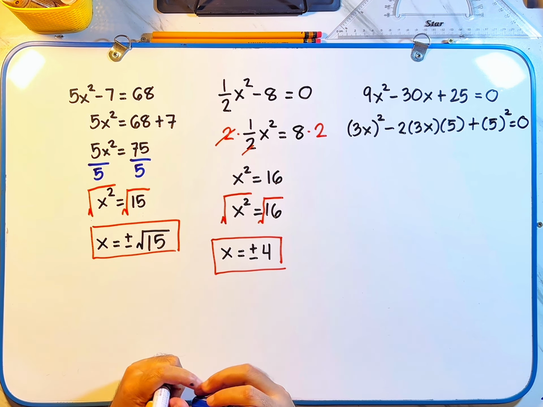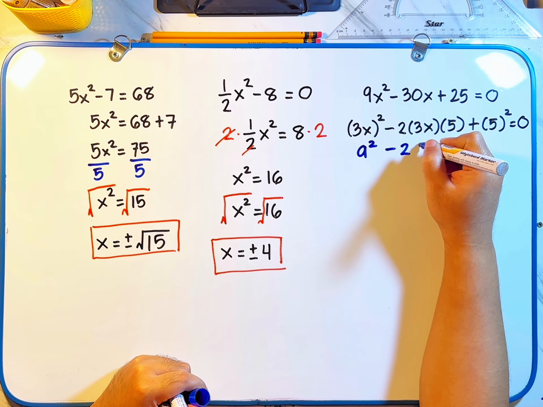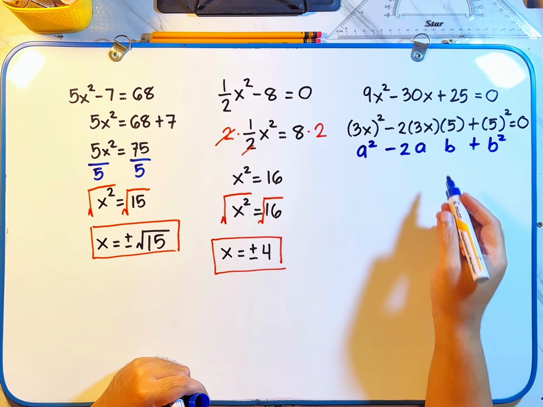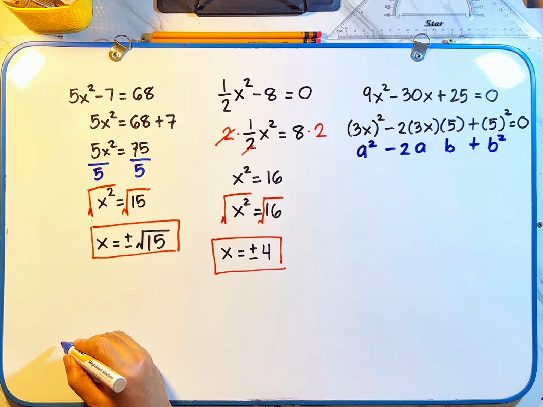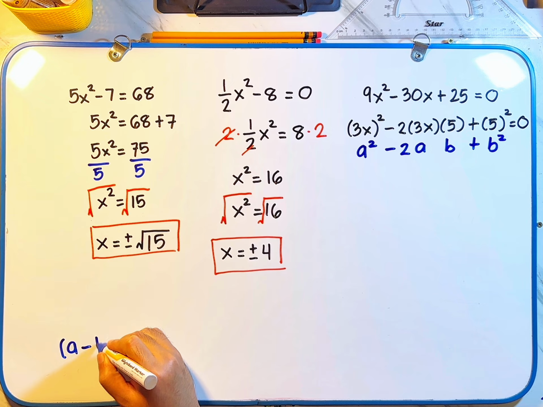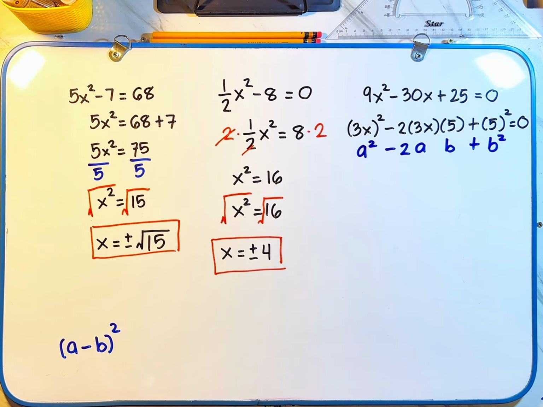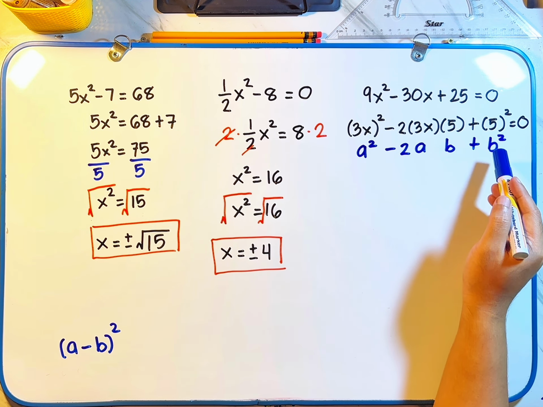Obviously, this is a perfect square trinomial in the form a squared minus 2ab plus b squared. And we know the factored form for a perfect square trinomial in this form is (a minus b) squared. So we will turn this into this one. Our a is 3x, as you can see, and b is equal to 5.